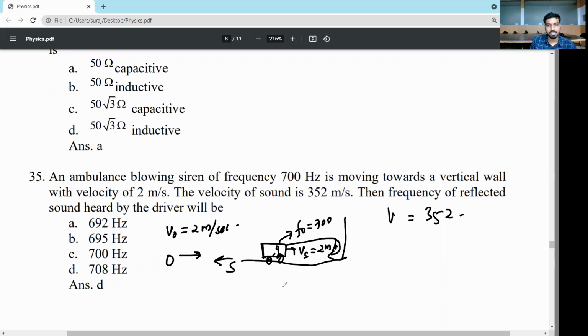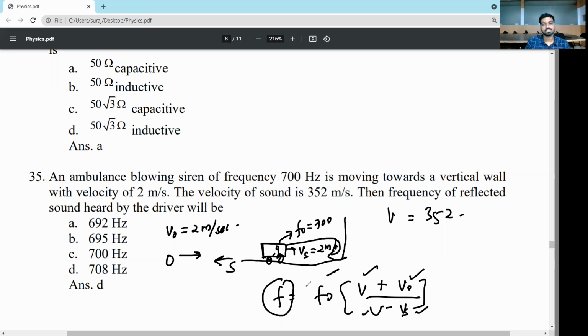I can write F equal to F naught times (V plus V naught) over (V minus Vs), so plus here and this becomes minus. V naught is 2, Vs is also 2, V is 352, F naught is given, and I need to find F. Just solve this and you will get the answer. This is from the Doppler effect. Now coming to question number 36.